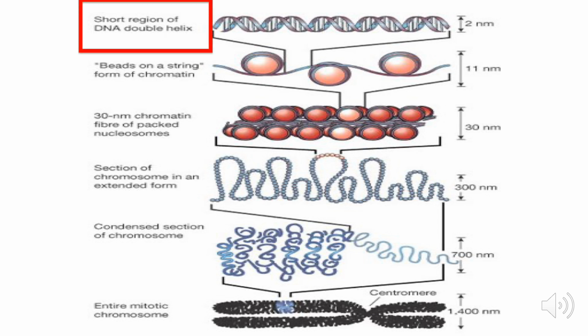This is the short region of the DNA, and if we wrap DNA on histones, we will be able to form what we call the beads on a string form of chromatin, and that is called a nucleosome.